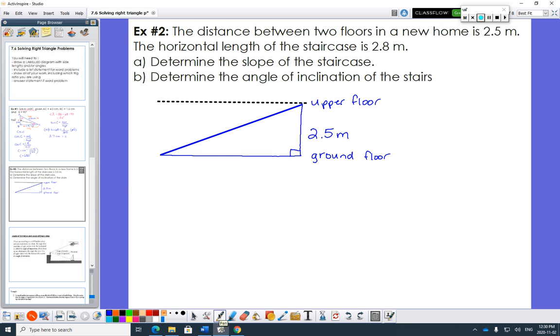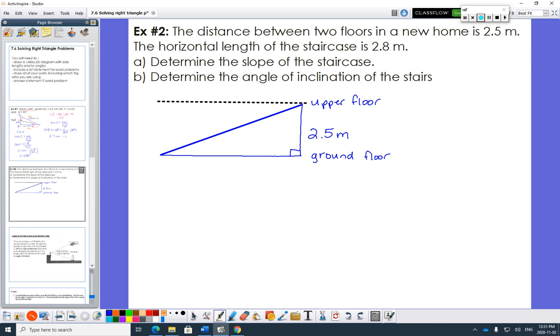No, question A is only asking for the rise over run. So it's kind of weird. I left it in there, but I think that was from the old book. It says, yeah, exactly. The horizontal length of the staircase is 2.8 meters. So you have to think of where would the horizontal length be, okay?